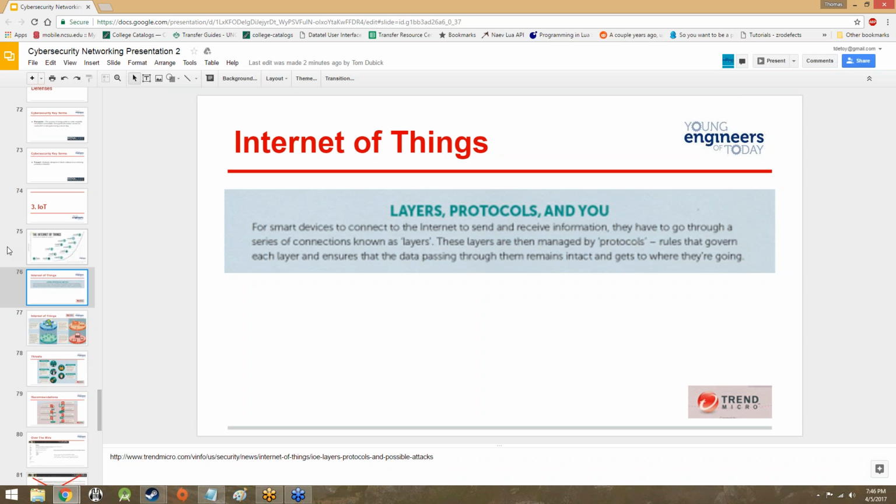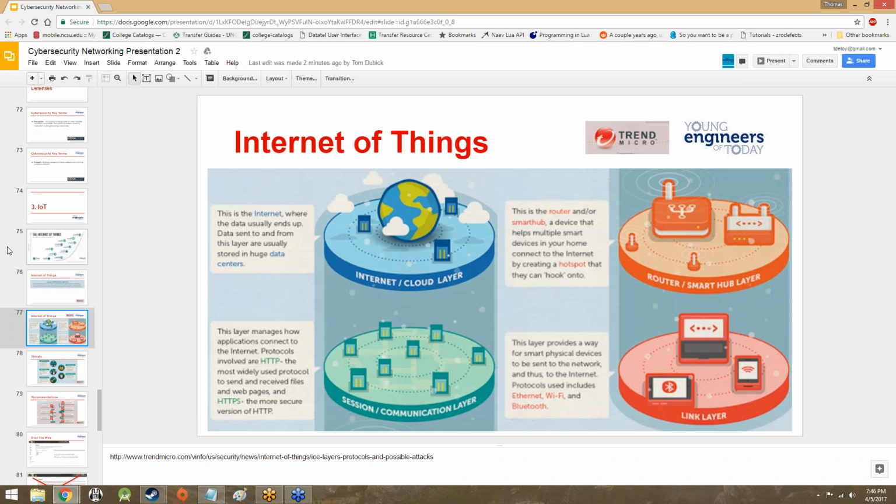These layers are managed by protocols, rules that govern each layer and ensure that the data passing through them remains intact and gets to where it's going. So there's a whole process to sending and receiving data on the Internet for any sort of device that does this. We're not necessarily just limited to computers at this point. Anything that does connect to the Internet will have to deal with these protocols.